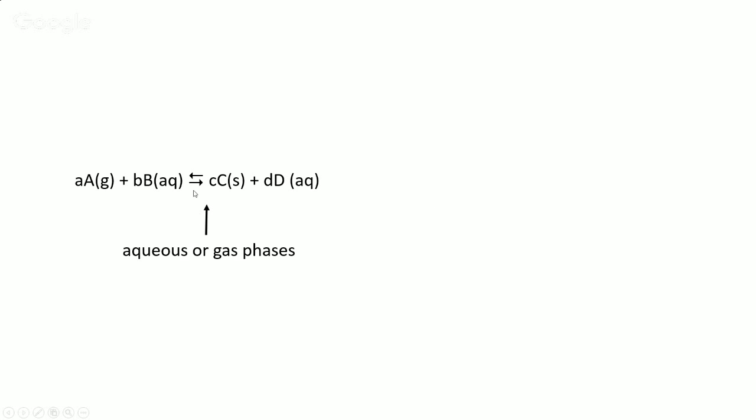So for example, let's say in this equation, B and D were aqueous phase, A was a gas, but C was a solid phase. Our expression for the equilibrium constant wouldn't include C, because solids and liquids aren't factored into your expression of K, only aqueous or gas phase chemicals. And the reason for that is that the concentrations of solids and liquid substances don't really change.